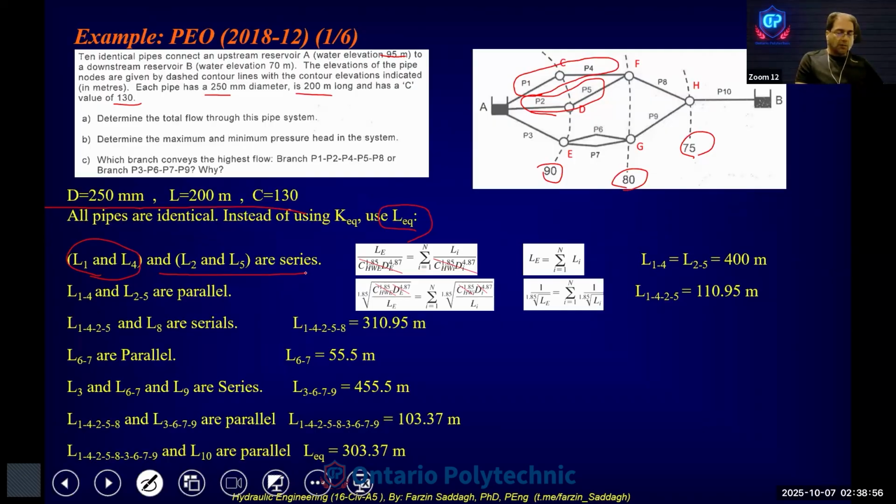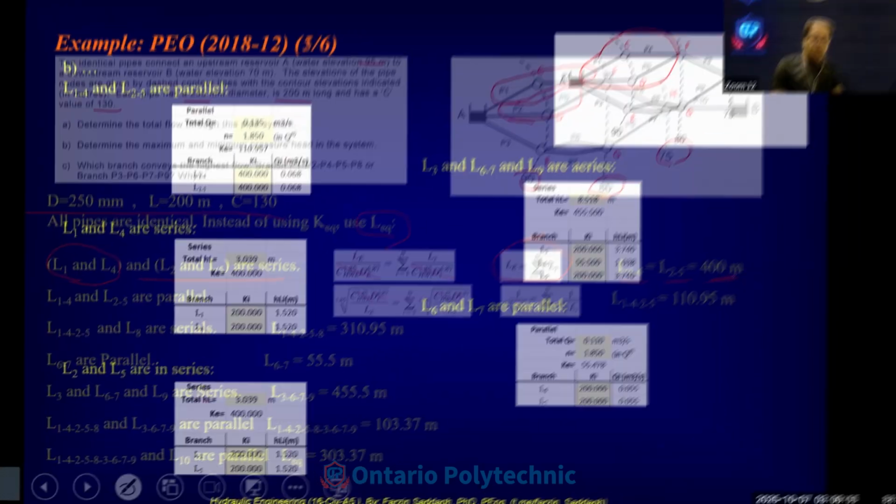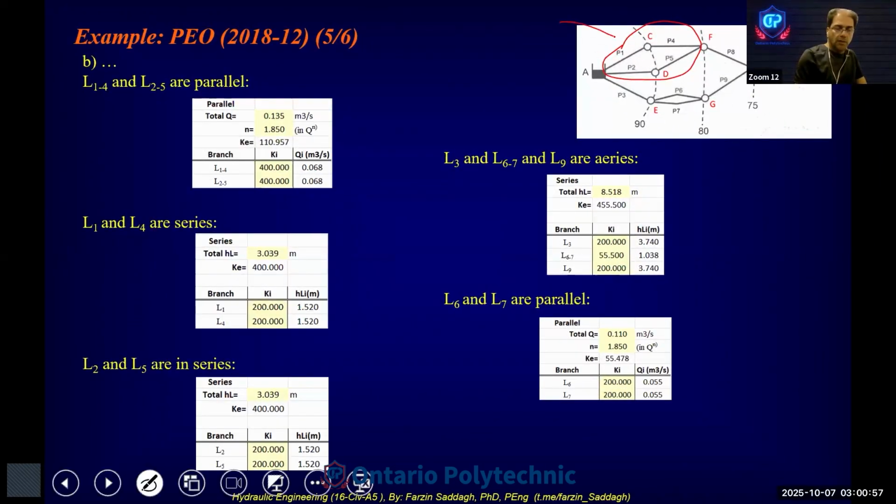Based on the formula I provided before, for the equivalent case based on L, we have this formula in the serial case. So L14 and L25 are equal, and finally we have 400 meters. Then for this part of the network, we have L14 and L25.